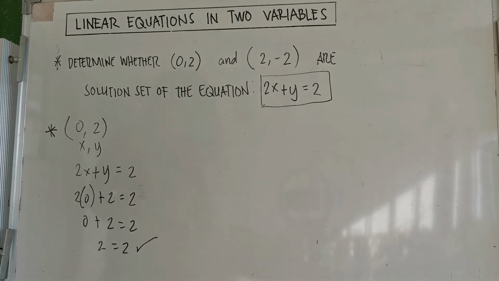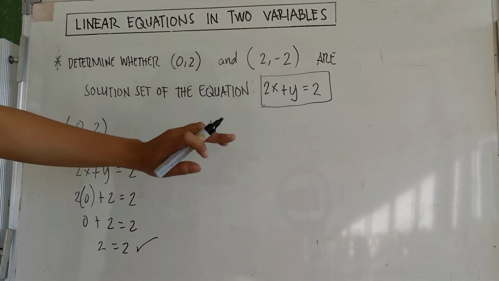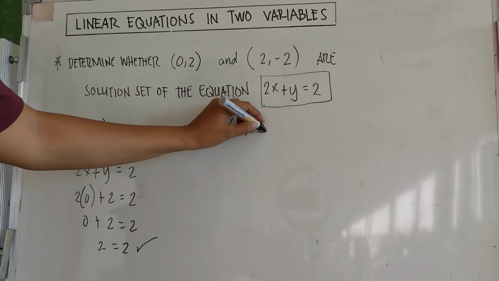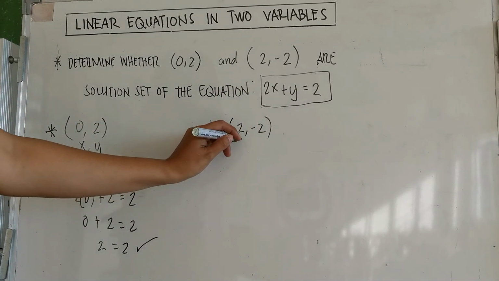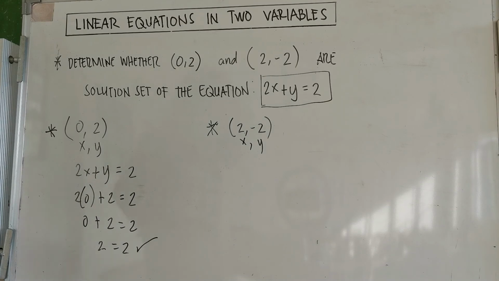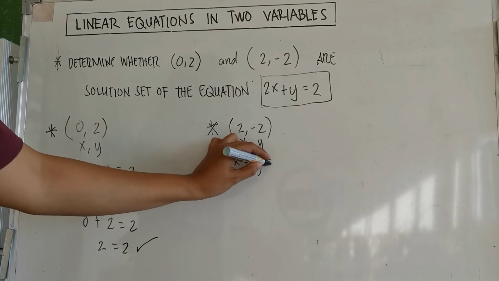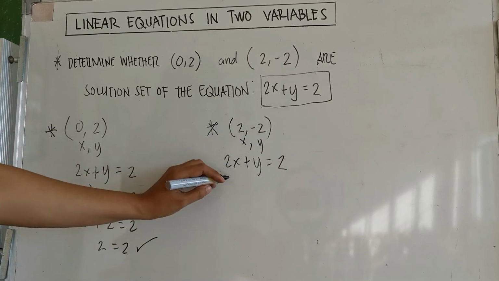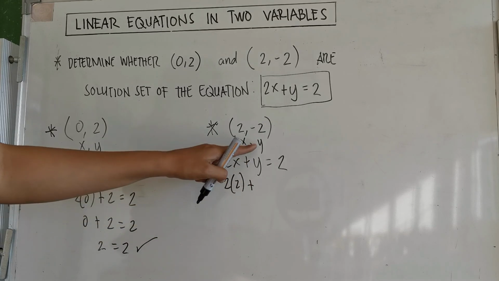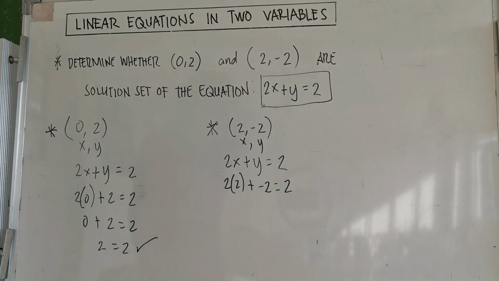Next. So, check naman natin kung included ba sa solution set ng 2x plus y equals 2 ang (2, -2). So, ganun ulit. Take note that this is our x and this is our y. So, substitute na natin. If we have 2x plus y equals 2, and x will be positive 2, so 2 times 2 plus, our y is negative 2, equals 2.